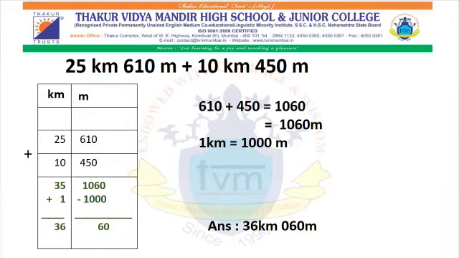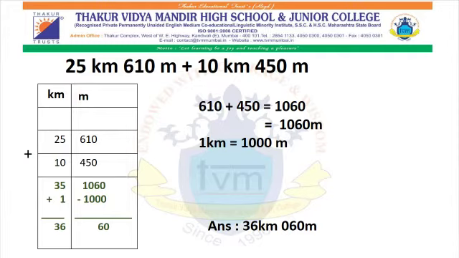So, what we will do is, we will subtract 1000 from 1060 and on the kilometer side, we will add 1. So, here you will get 60 meters and in the kilometer side, after adding 25 plus 10, you are getting 35, plus 1, that will be 36. So your answer is 36 kilometers and 60 meters.